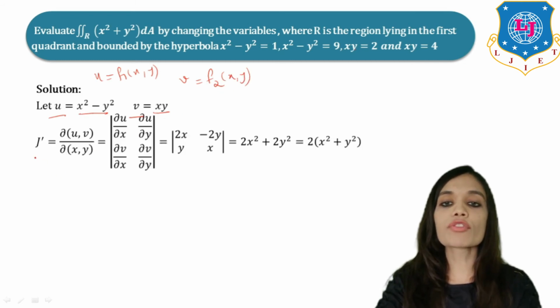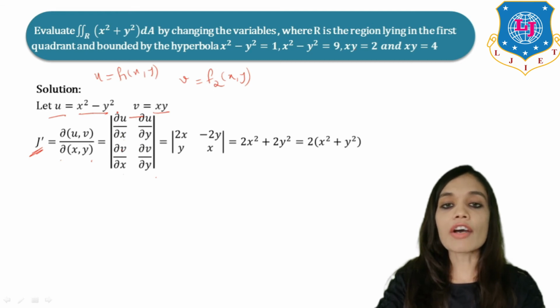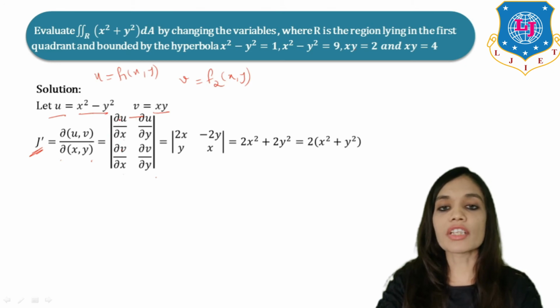So here too we have to find J dash, that will be equal to del of u comma v upon del of x comma y. So this is written as del u by del x, del u by del y, del v by del x, del v by del y. Now we will find all the partial derivatives. So first partial derivative is with respect to x of u. So keep y as constant.